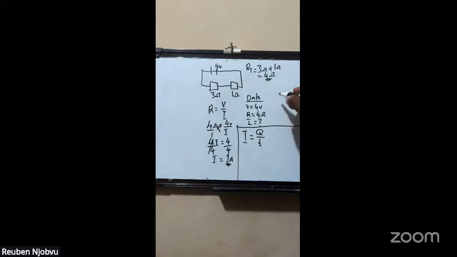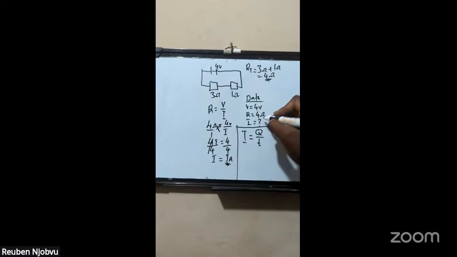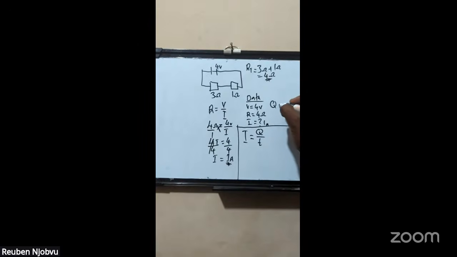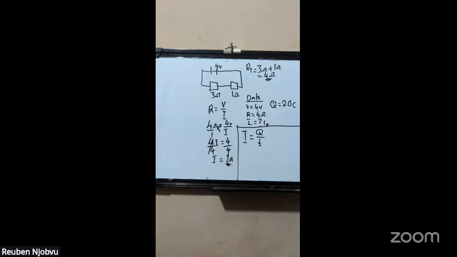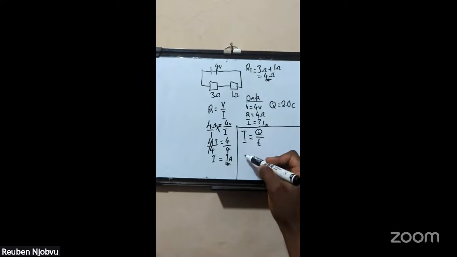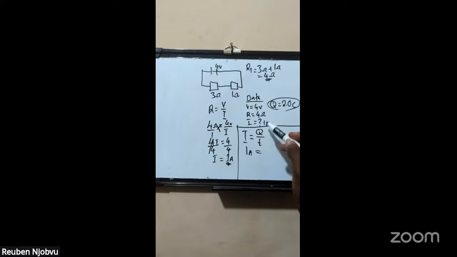The other data: the current we found is 1, and the charge given in the question is 2.0 coulombs. So we substitute what we have. The current we found was 1 amp, equal to the charge, 2.0 coulombs, over time. They're asking you to find the time.